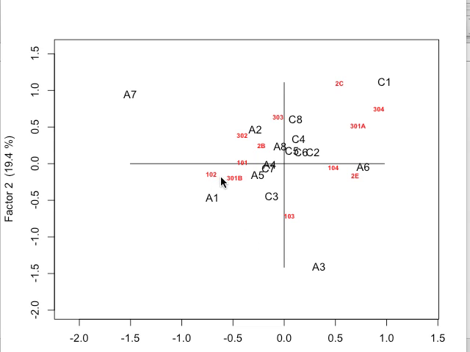So here's the 102. It's quite clear to A1. So you think of A1 as kind of pulling it this way, and C1 is kind of a weaker influence on that. If C1 was using a lot, it would be pulling this other way.